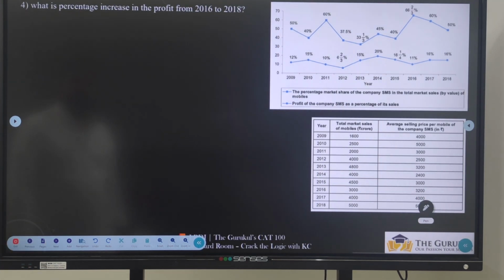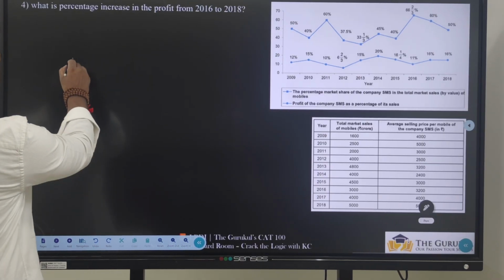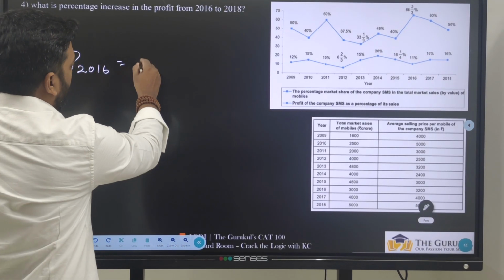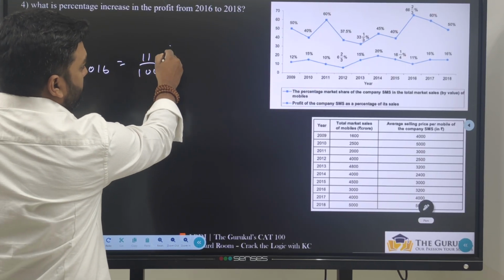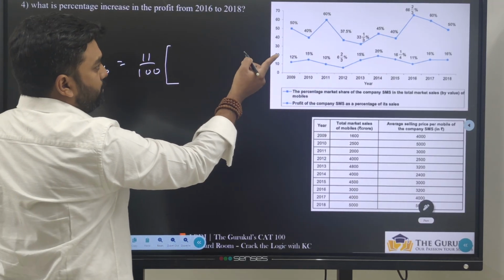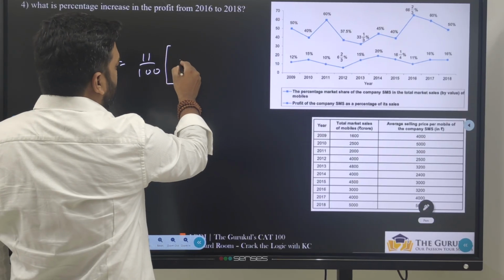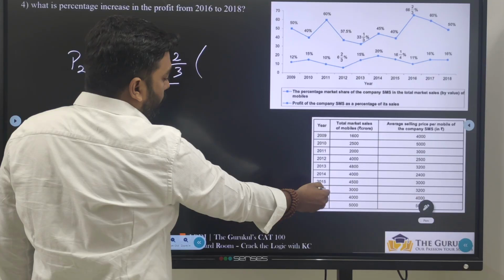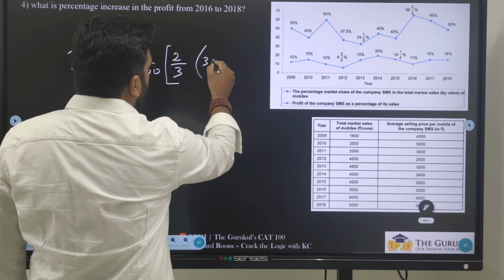Perfect. Next, what is the percentage increase in the profit from 2016 to 2018? So profit in 2016 is equal to 11% of 66.66%, which is equal to 2 by 3 of the total value in 2016, that is 3,000.